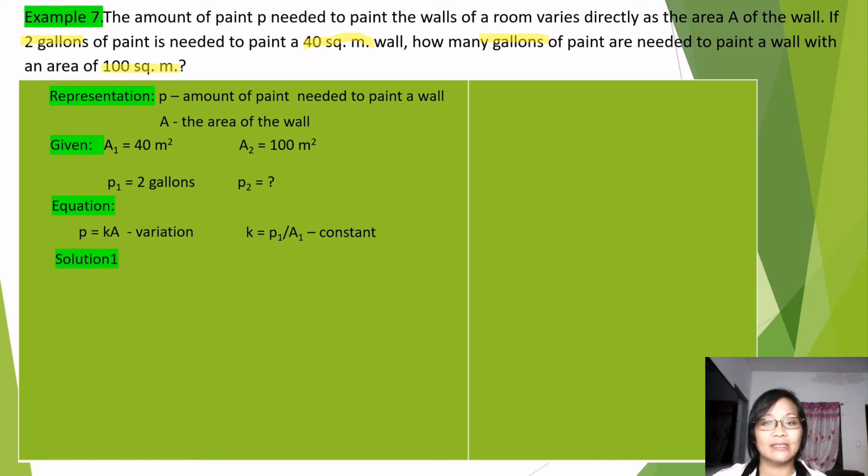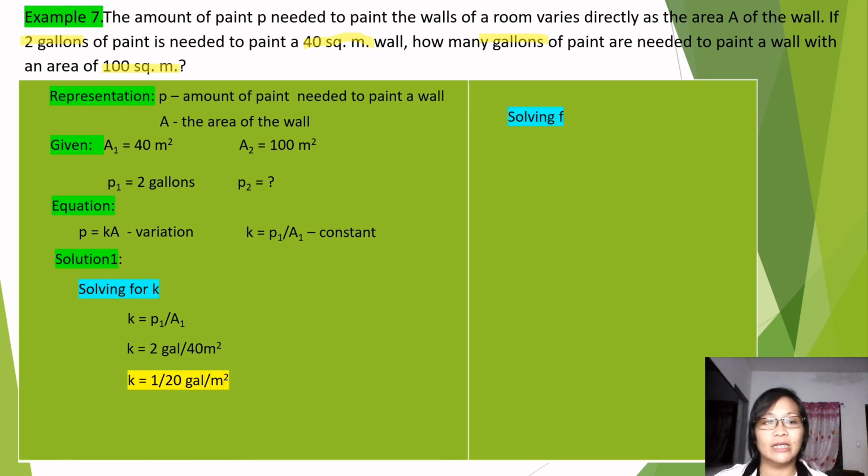Next, solution for our K, we have K is equal to P1 over A1. Then substitute the given. For P1, we have 2 gallon all over A sub 1, 40 meter squared. Then for our K, we have 1/20 gallon per meter squared.